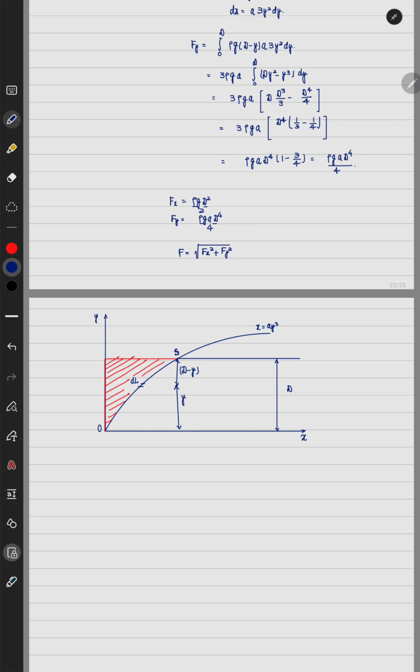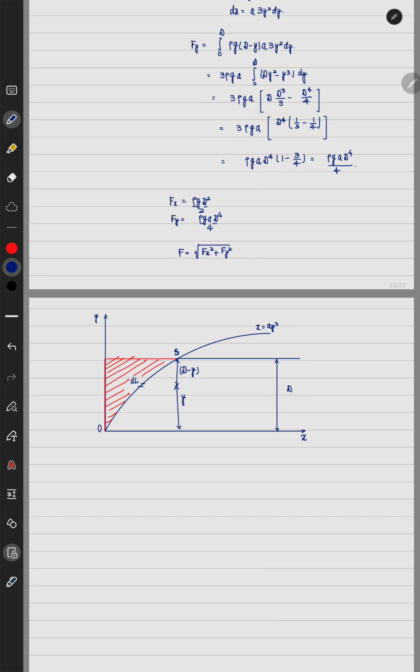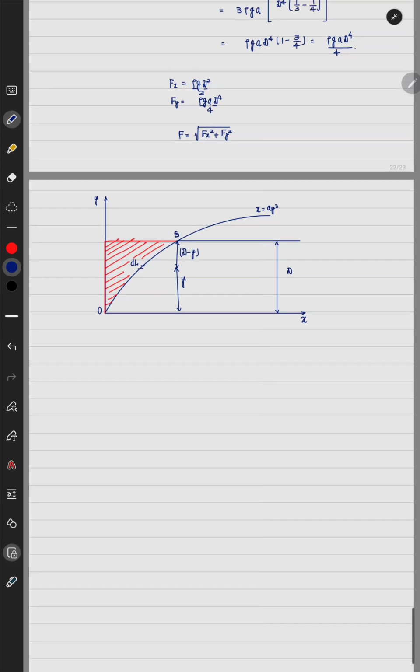Okay, so the force in x direction is given by rho into g into, if the height is given by d, the pressure that we have to evaluate will be at point d by 2. So the pressure at point d by 2 is given by rho into g into d by 2. This is the total amount of pressure. What is the total force?